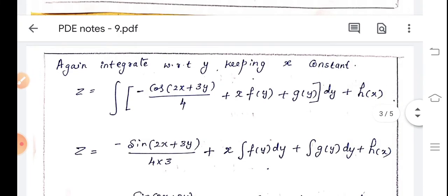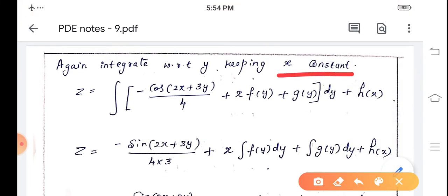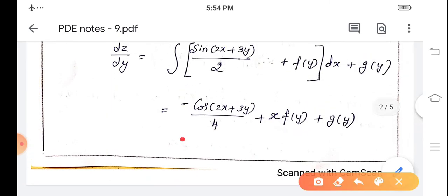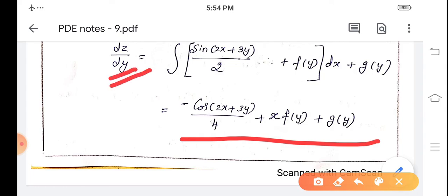So integrating with respect to y keeping x constant, we obtain z is equal to integration of this, that is integration of minus cos(2x + 3y) divided by 4 plus x into f(y) plus g(y) with respect to y.